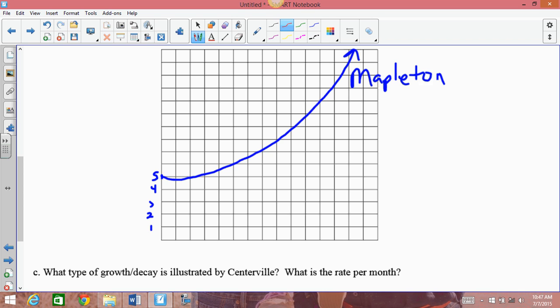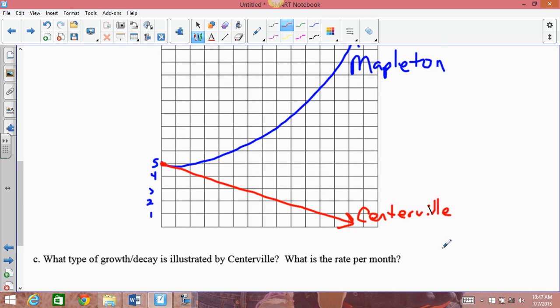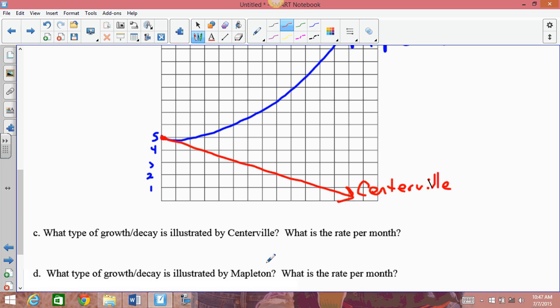Centerville is going to start also at 5,000, but it's going to be decreasing at a fixed amount, and so you're going to see that it is decreasing in a more linear, straight fashion, and that would be Centerville. So linear is always a straight line. Exponential has that curvature to it.